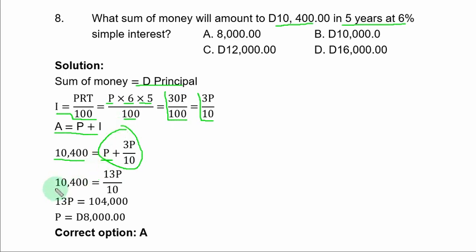So you have 10,400 equal to 13p over 10. If you cross multiply by using 10 to multiply 10,400, you have 13p equal to 104,000. If you divide through by 13, you have p equal to 8,000D. So A is the correct option.